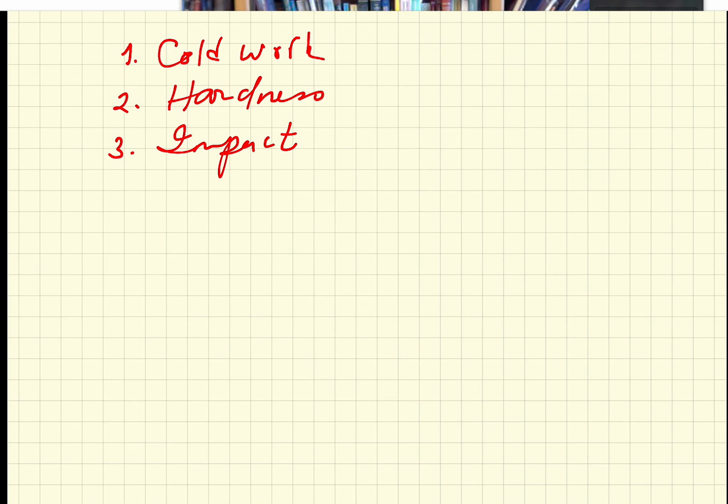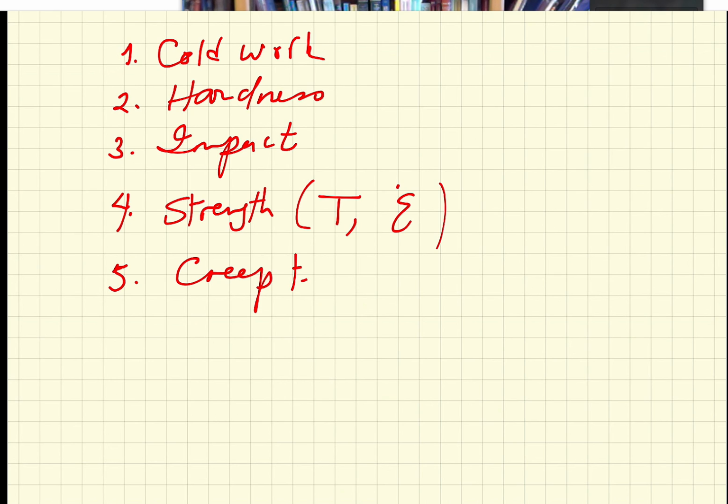And we will discuss the dependence of the strength on both the temperature and the strain rate of the material in a particular design. And finally, I'm going to just indicate another type of test that is used to determine the behavior of the material called the creep test. So we will also outline that.